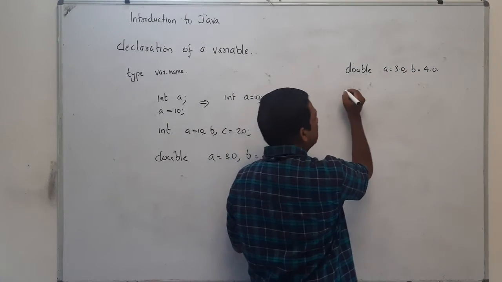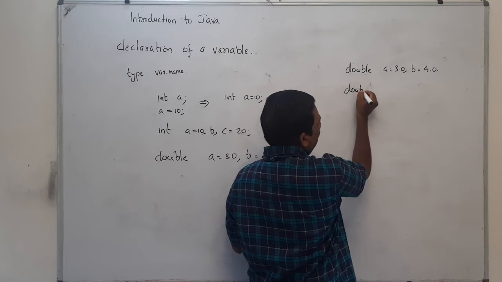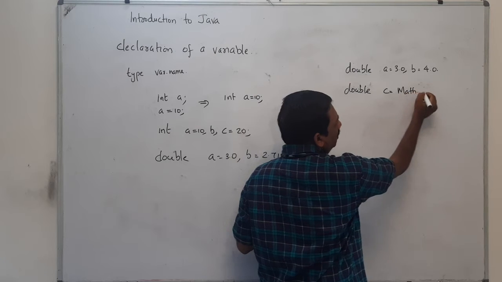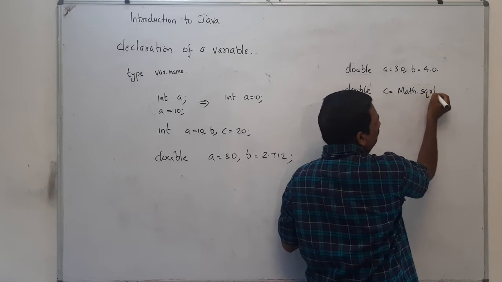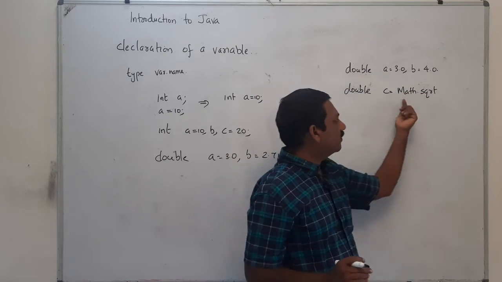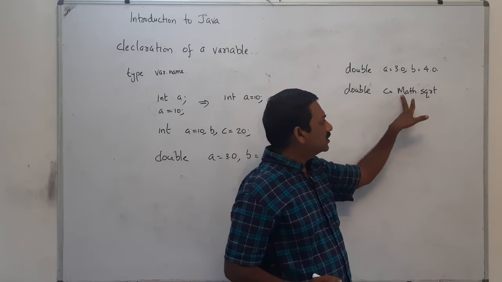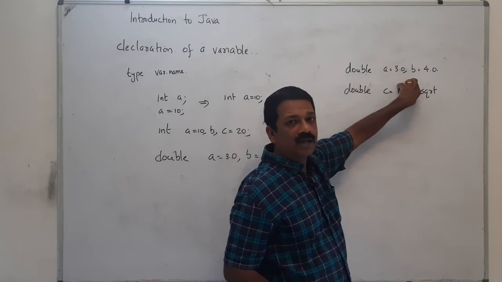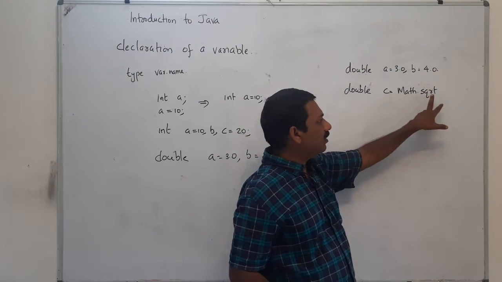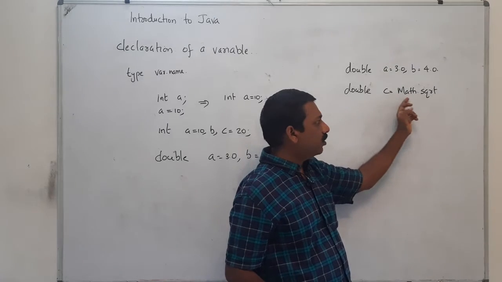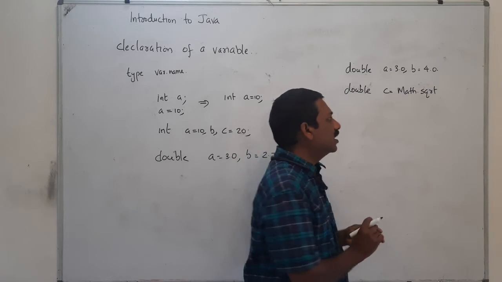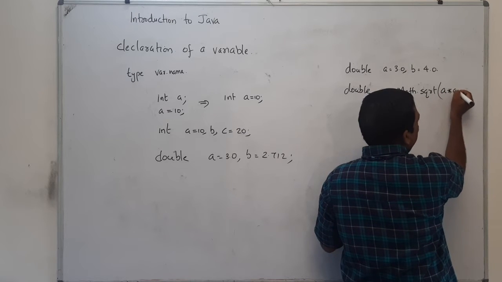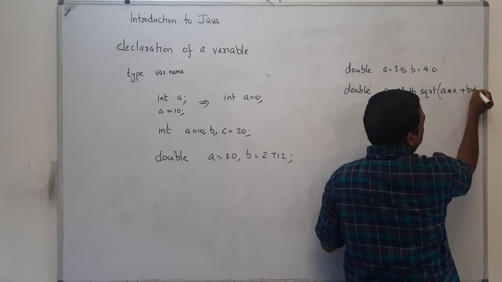Then you can have a statement like double c is equal to Math.sqrt. This is a system defined library, the math library, and in that library we have a square root function, and we are going to use that Math.sqrt, and inside this we are going to have a into a plus b into b.